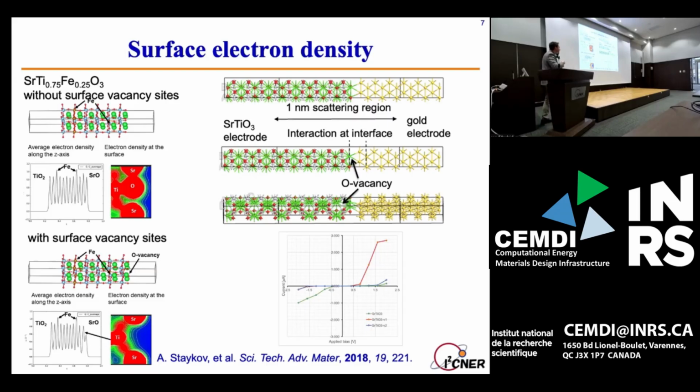We need very high bias and we will get very low current. But once the oxide vacancy is within the top surface, we will have a lot of electron density streaming out of the surface and reaching the gold tip. More or less, oxide vacancies on those electrodes are the gates, the doors for electrons to leave the material, and hence those are the gates and doors for catalytic activity towards oxygen reduction reaction.